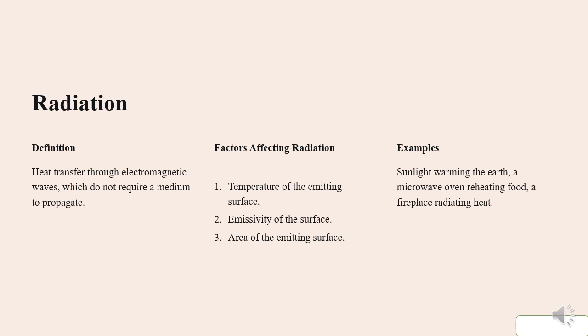Factors affecting radiation: temperature of emitting surface, emissivity of the surface, area of emitting surface. Examples of radiation include sunlight warming the earth, a microwave oven reheating food, a fireplace radiating heat.